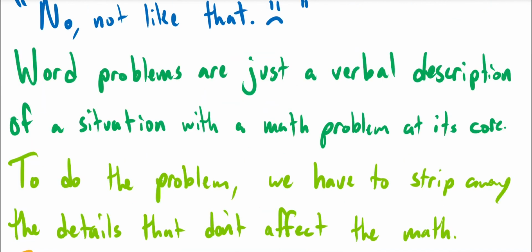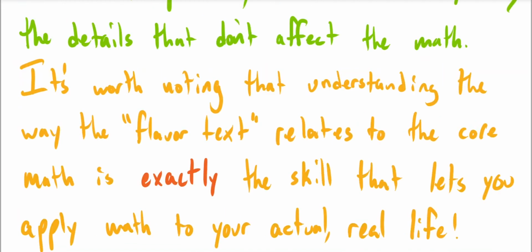So in other words, to do a word problem, we have to strip away those details, the ones that don't really affect the mathematics, and see the mathematics that's going on at the center of the problem. But I just want to note that, in fact, that makes it seem like the details are unnecessary. And it's the stripping away of it that lets us solve the problem. But that's not exactly true.